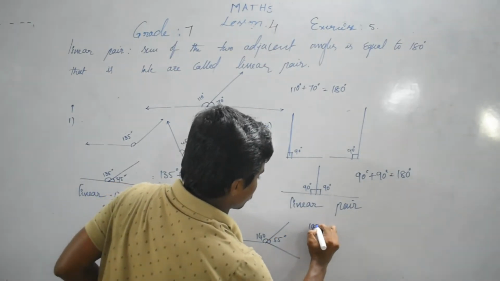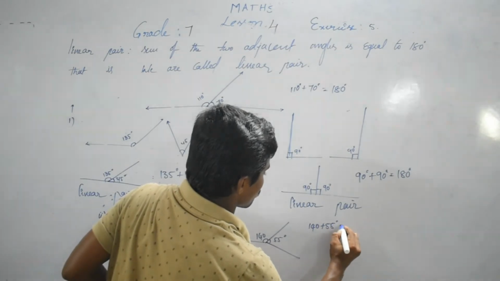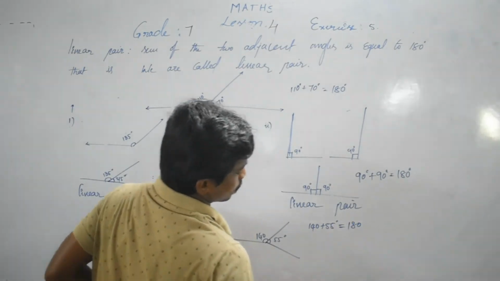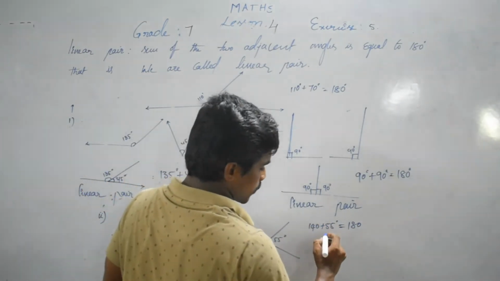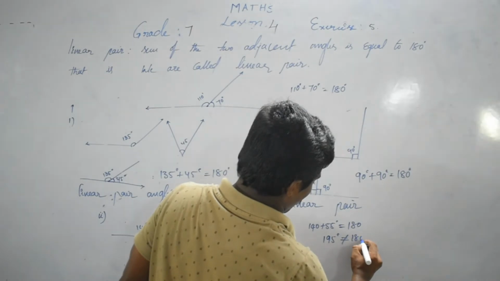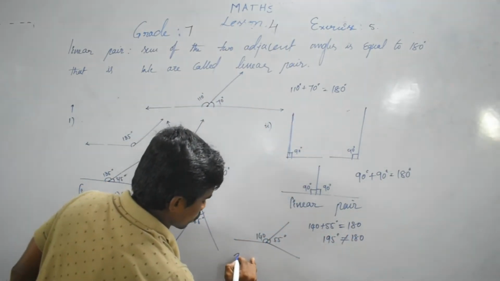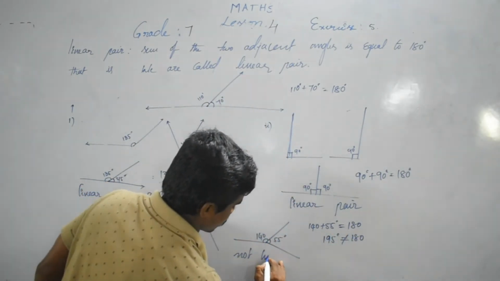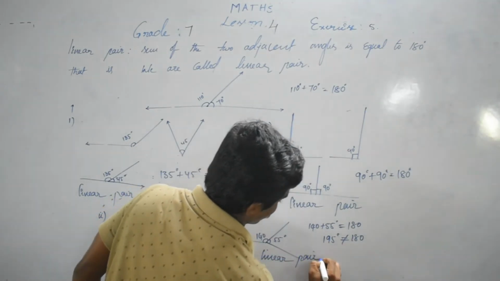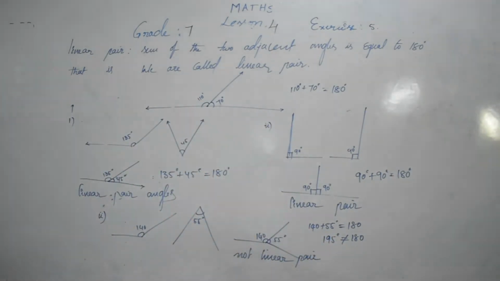So 140 plus 55 is 195, not equal to 180. So this is not a linear pair. Not a linear pair.